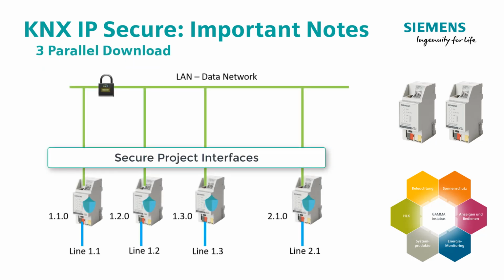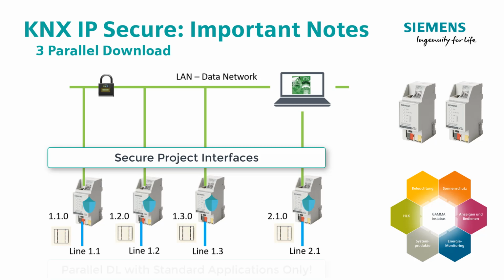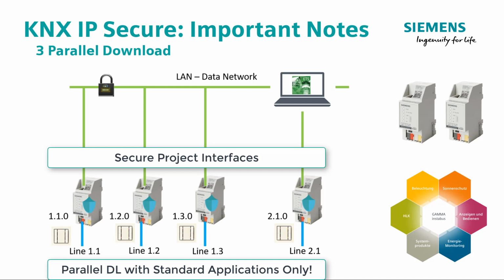3. Parallel download. If you only have non-plugin devices to download, they can also be securely downloaded in parallel through the previously mentioned project interfaces. The parallel download of devices that need a plugin does not work because ETS can only download one device of that type at a time.